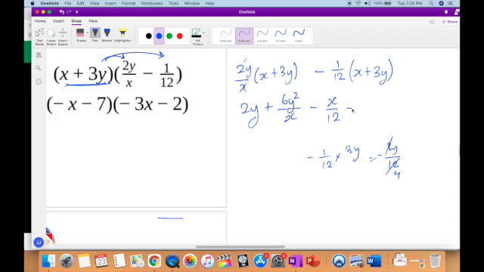So we end up getting minus y over 4. That is 1 over 12 times 3y, right? Negative y over 4. I hope I'm not going too fast. Anything that we could do here in terms of, I mean, I have y's and y's over here, right?